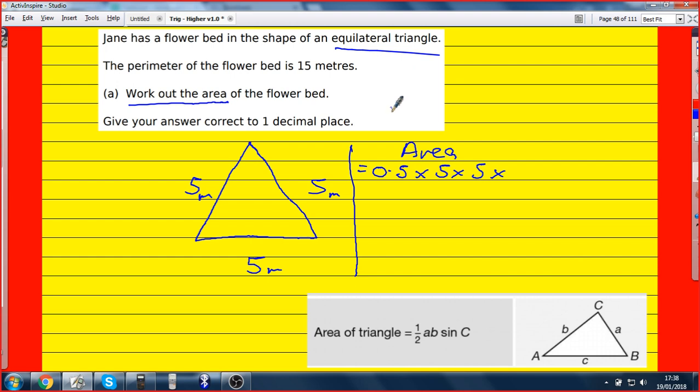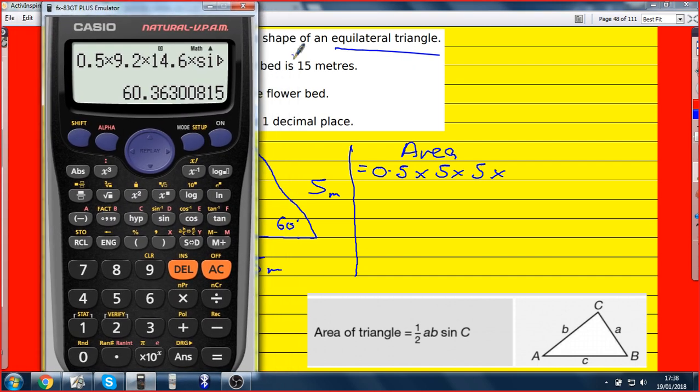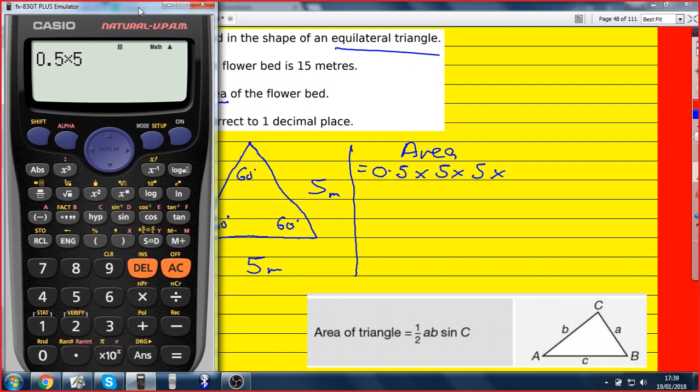Well, if it's an equilateral, it's going to be 60 degrees per angle. Correct. So it's 5, 5, 5 for lengths and 60, 60, 60 for angles. Okay. And so what's going into my calculator for this one? 0.5 times 5 times 5, and then times 60.